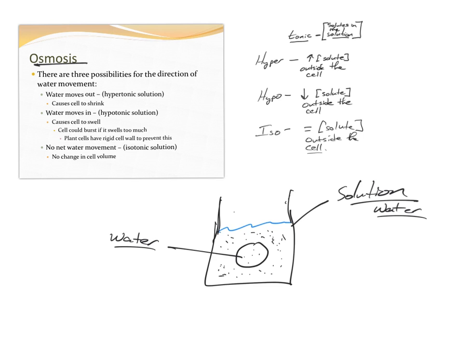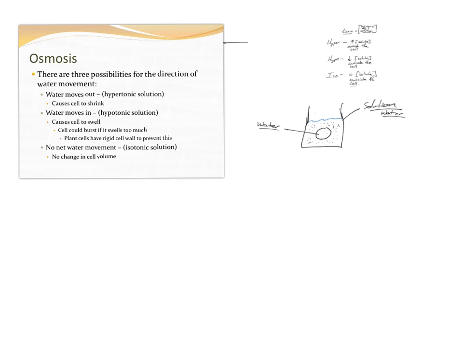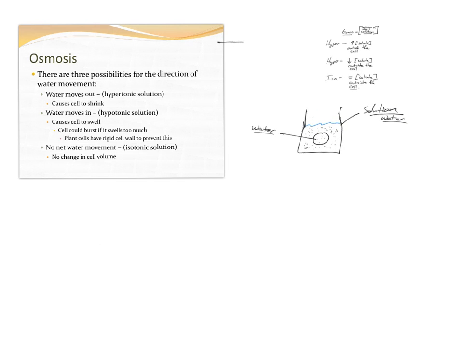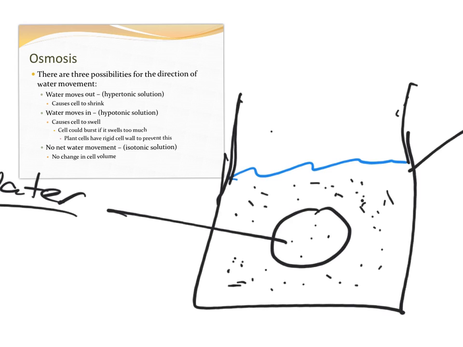Hyper. She got it right. Why is it hyper? Because it's higher outside the cell. How does she know it's higher? Look at it. If I look at the concentration, of course I have to assume that there's more dots outside than inside.